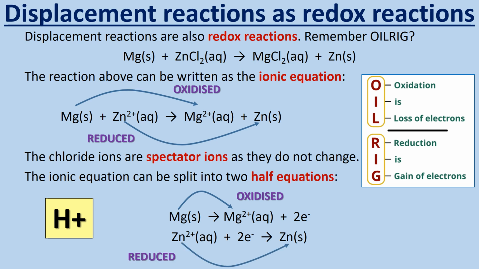Zinc ions gain electrons to become zinc atoms. Okay, so we have simple equations, and if we take spectator ions away, the ones that don't change either side, then we're left with an ionic equation, and we can break it down even further to see what's actually happening to the electrons by doing a half equation, and this is higher plus.